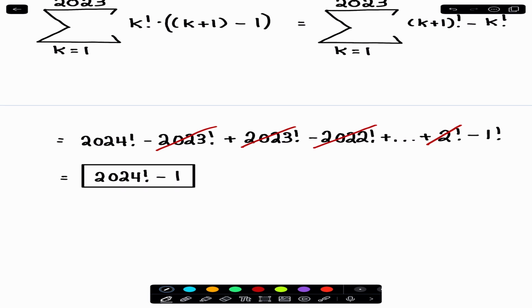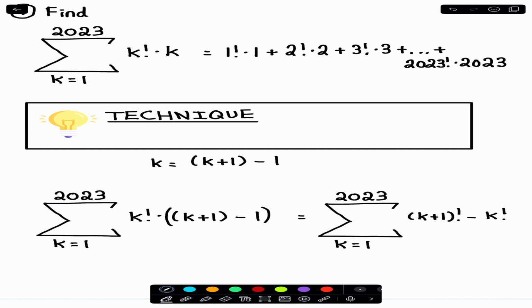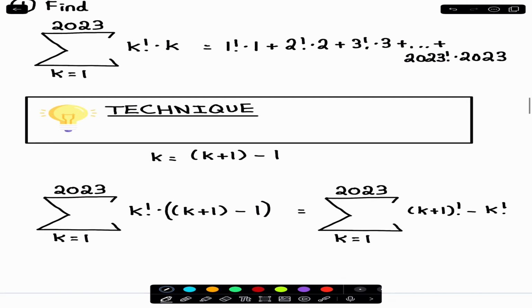So if we were to go back here and ask ourselves, what was the technique involved? I think I can pretty concisely summarize it as: add 0.